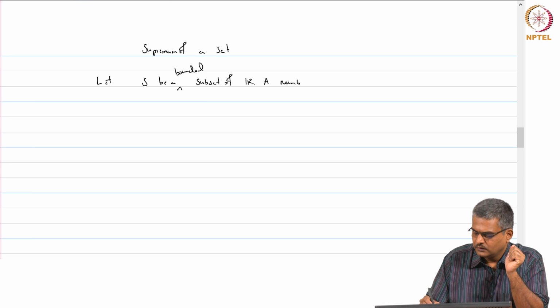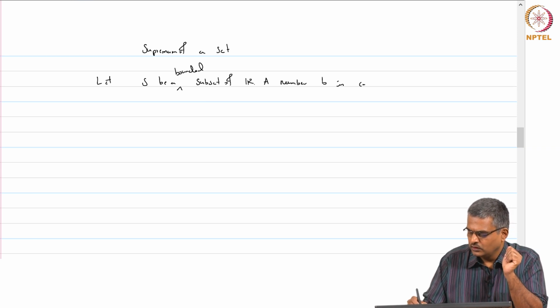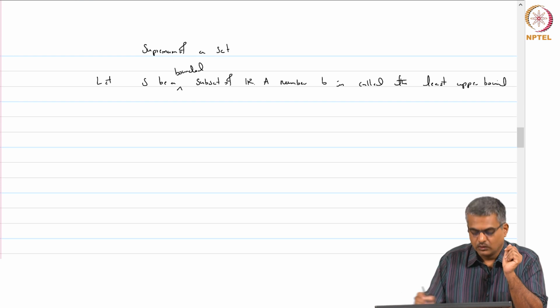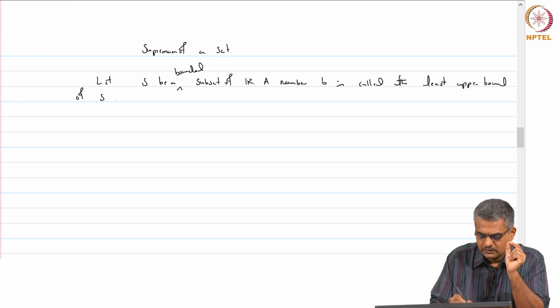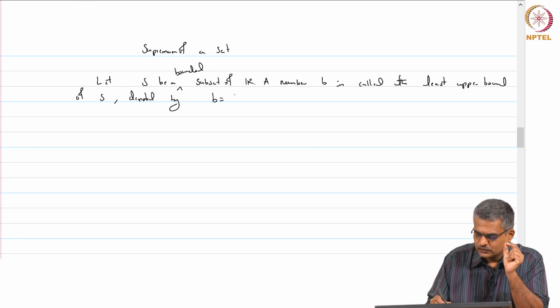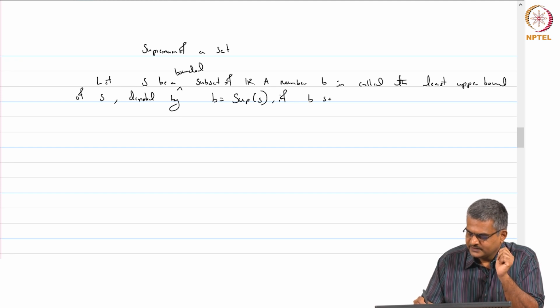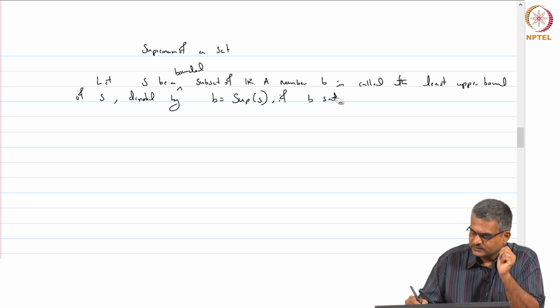A number B is called least upper bound of S, denoted by B is supremum of the set S, sup of S we call, if B satisfies the following conditions.